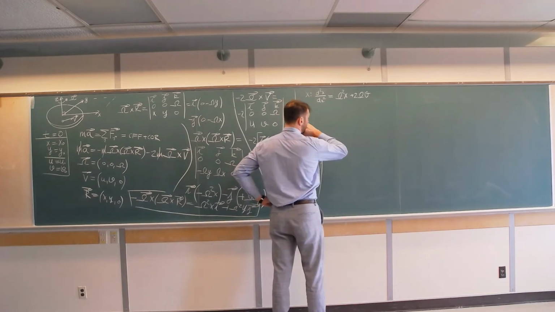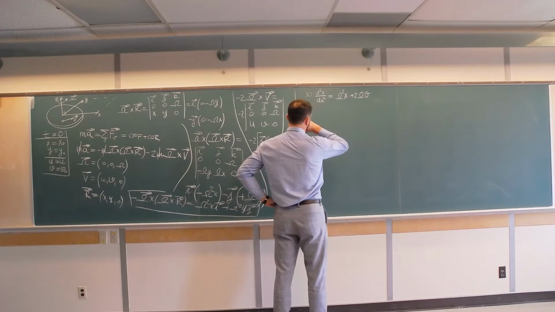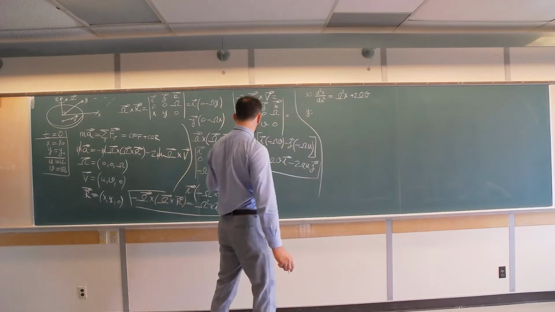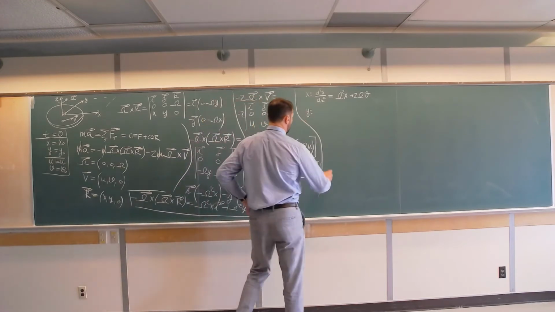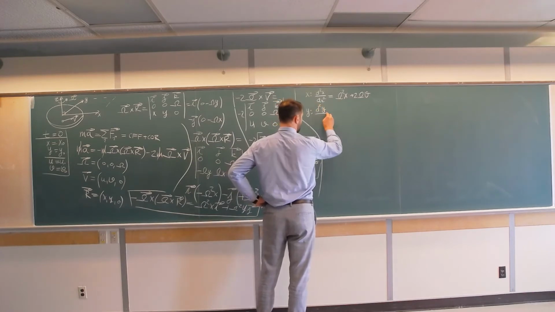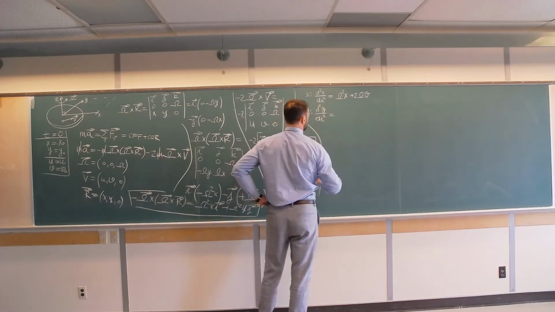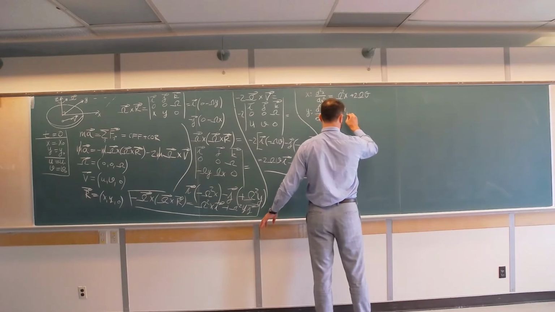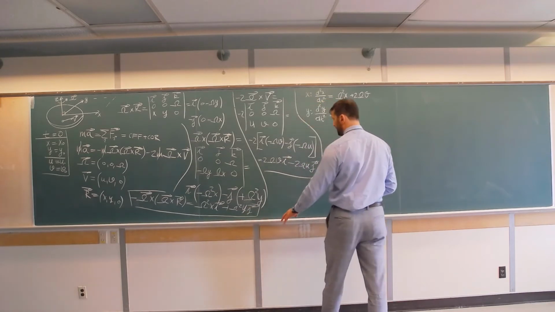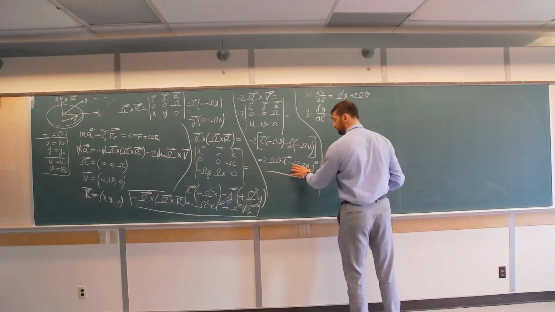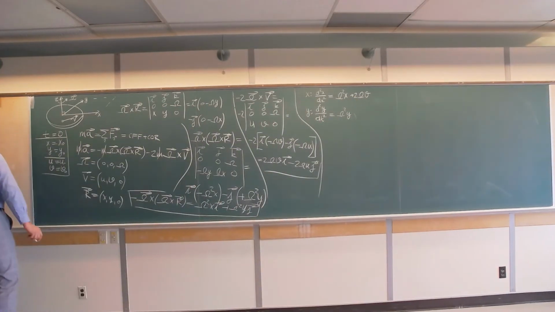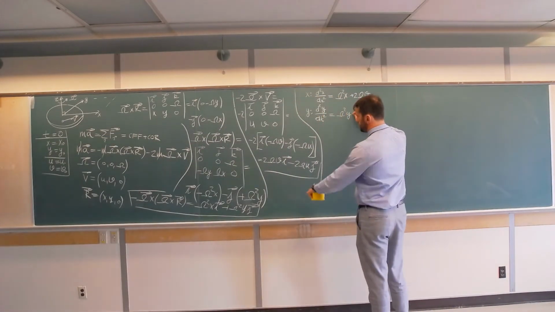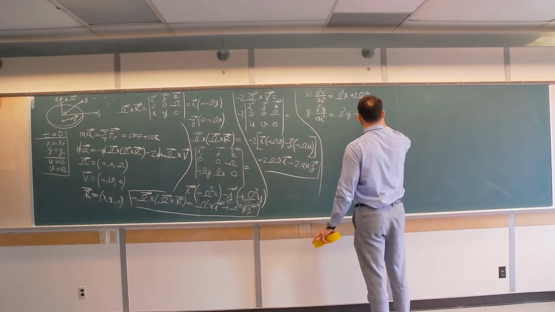In the y direction, we have that d second y dt squared is equal omega squared y and Coriolis force minus 2 omega u.